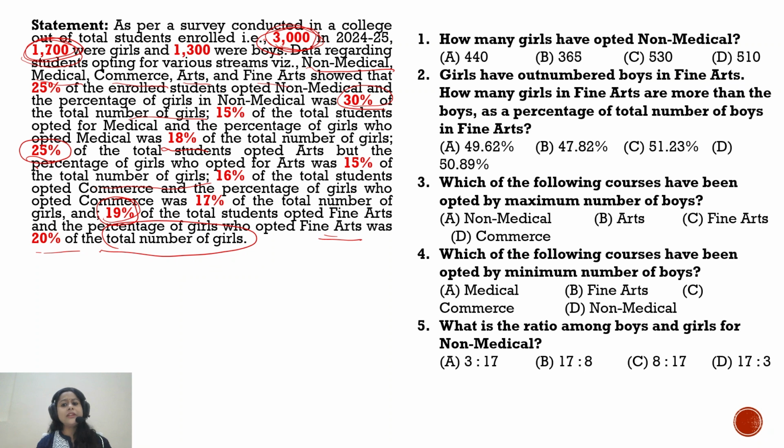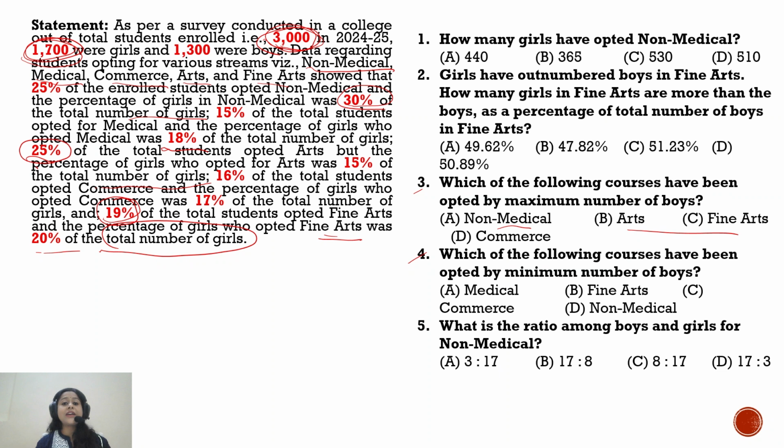Then third is about which of the following courses has been opted by maximum number of boys. The similar kind of question is there in question number 4, that is which of the following courses have been opted by minimum number of boys. So for all this you have to find out the absolute numbers for both question number 3 and 4.